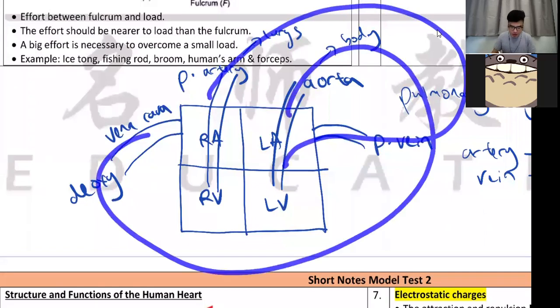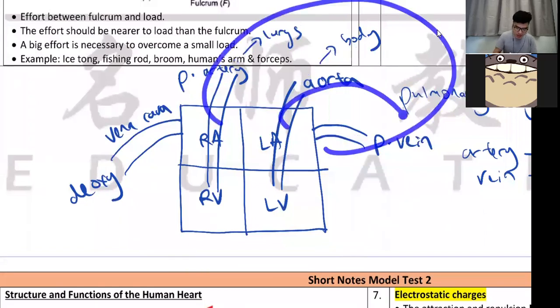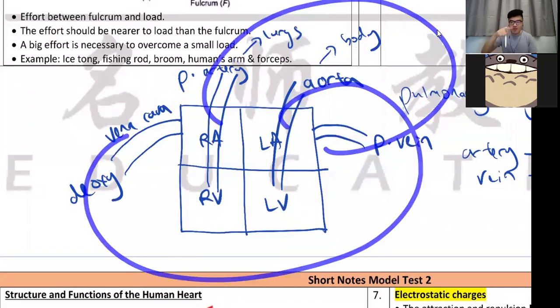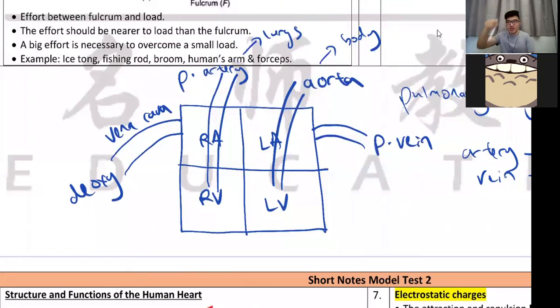So you have 2 circuits. One is to go to the lungs and get oxygen, one is to go to the body and give oxygen. So you have 2 cycles. That's why I call it double. That means the blood will pass through the heart twice. Go to the heart, go to the lungs. You see, it passed through the heart once already. Now go to the body, back to the heart, go to the heart twice. So double.